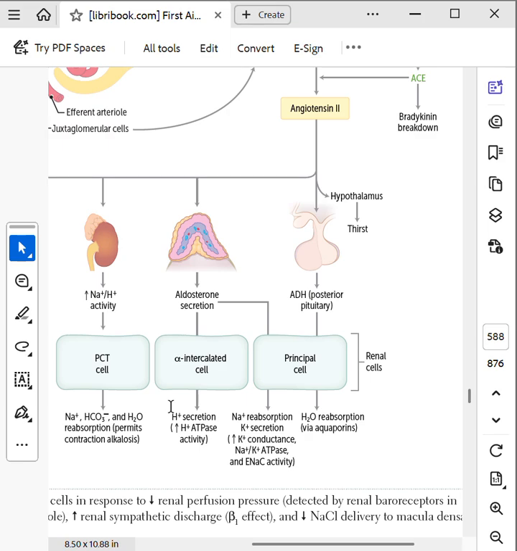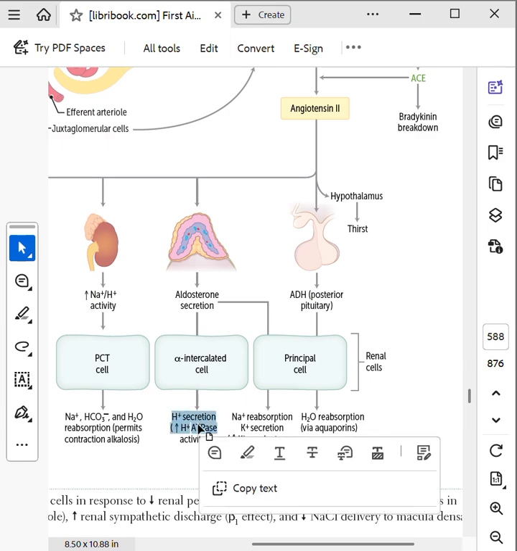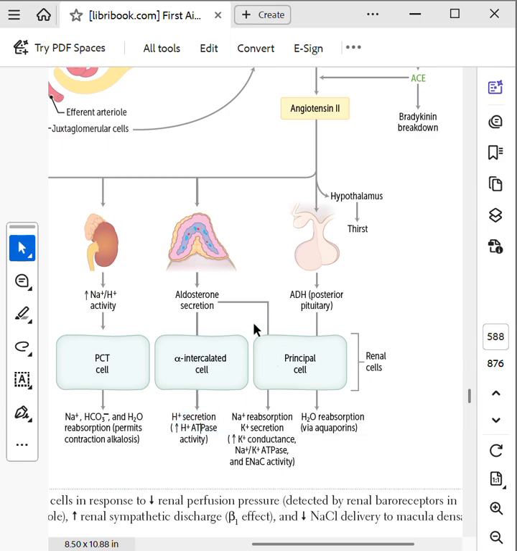The alpha intercalated cells increase hydrogen secretion through hydrogen ATPase activity, and the principal cells, through the aldosterone, cause sodium reabsorption and potassium secretion. Sodium is reabsorbed and potassium is secreted. Potassium conductance is increased. The sodium potassium ATPase and the ENaC activity are all increased.